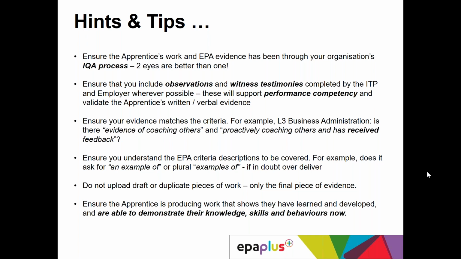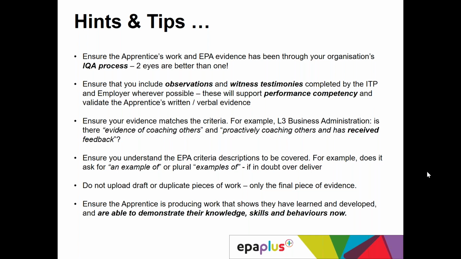So a piece of evidence that's a bit one-dimensional about coaching others is great, but written well and taken into account, did they proactively coach others and what feedback have they received? One piece of evidence could do that, and at the moment we're probably seeing 2 or 3 that need to come through to really get that covered. So really keep an eye on the wording of the evidence criteria that you need.